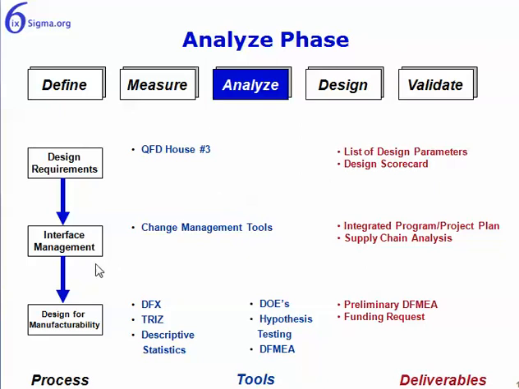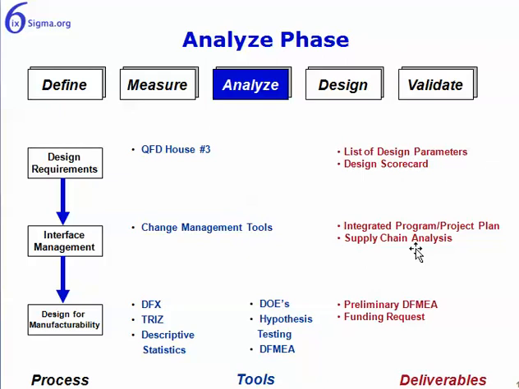The interface management is nothing more than trying to integrate a project plan or a program plan with the organization. And that could be, for example, a supply chain analysis, making sure that suppliers are lined up and on board and can meet the needs of the new product or service.